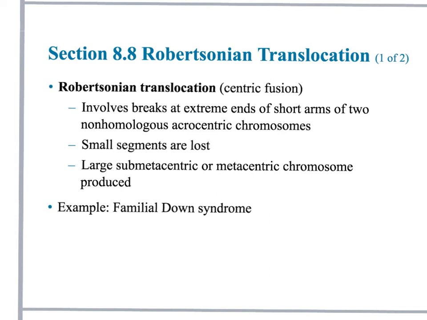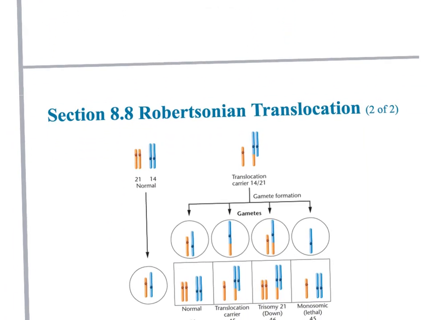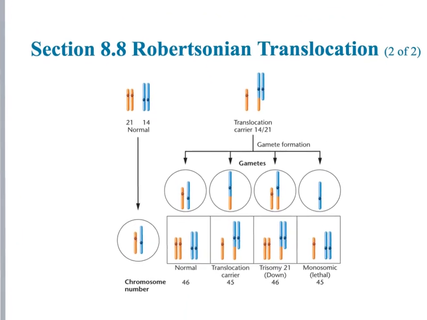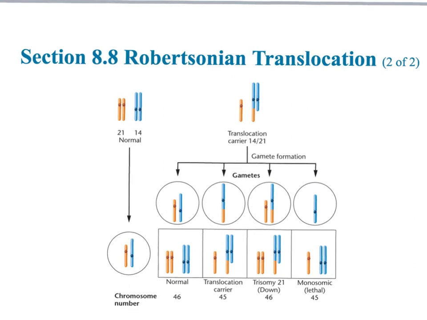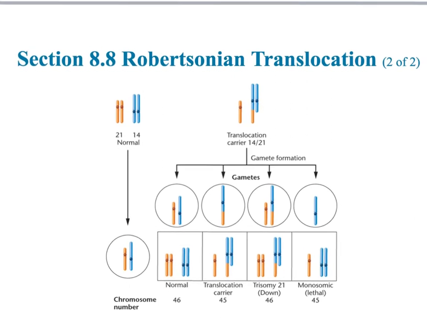So familial Down syndrome is not trisomy. It's often a Robertsonian translocation, and here's what that looks like. So you have chromosome 21 at play here. Trisomy 21 is non-familial.